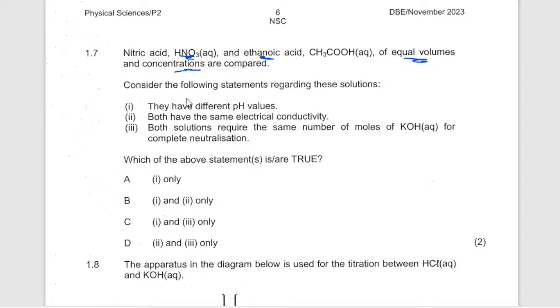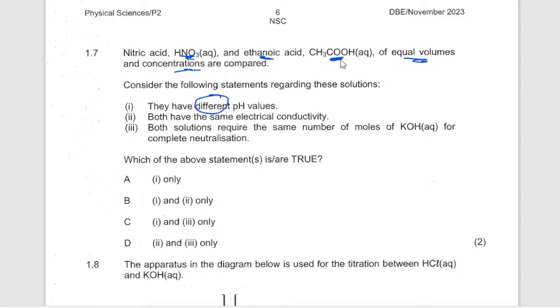Consider the following statements regarding these solutions. And what are they saying? That they have the same pH, they have different pH, they can't be with the same pH.